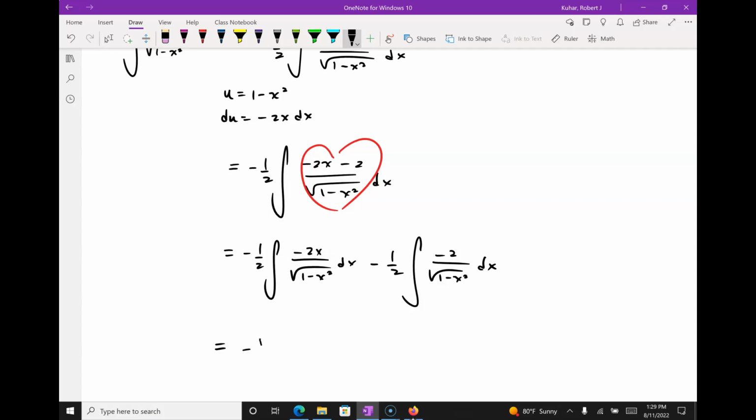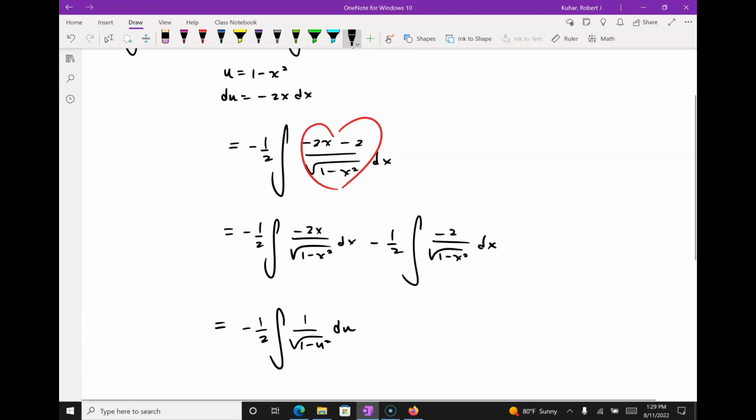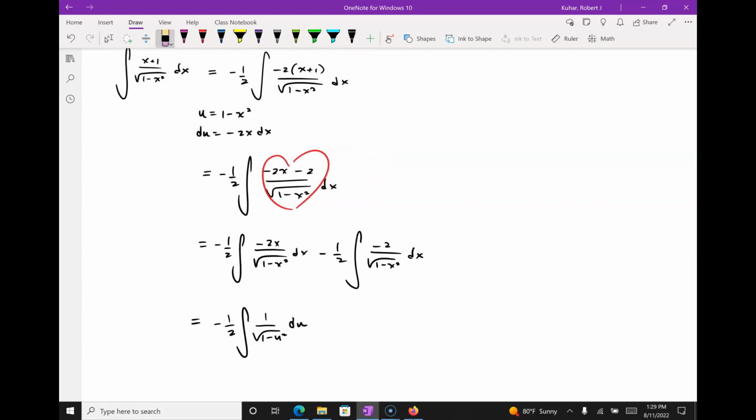So in my first integral now, I definitely have 1 over square root of 1 minus u squared du, right? Oh, sorry. No, I don't. The whole thing is u downstairs, right? Square root of u.